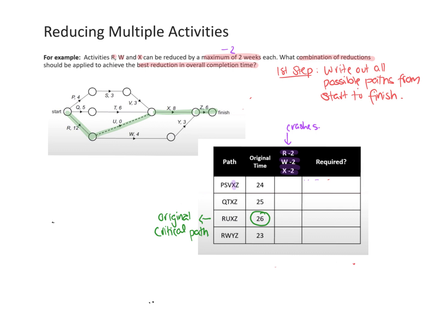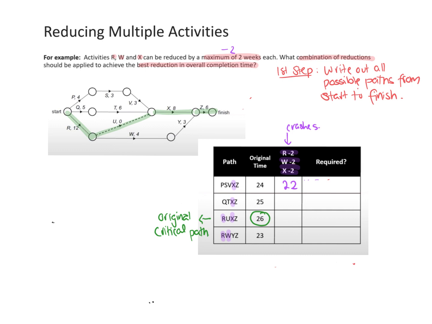So I've got an X there, an X there, an R and an X there, and an R and a W there. So depending on how many highlighted I've got, in the first one there's one letter highlighted, so I'll take away 2. So this one becomes 22.